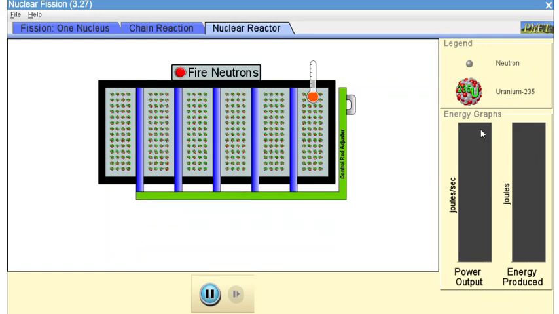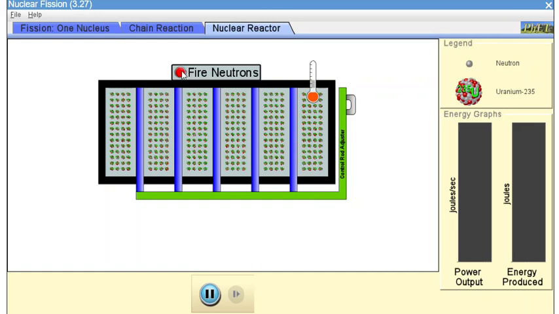We have here a measure of the power output and the energy that is produced: energy produced in joules, and power output in joules per second. When I have the graphite bars all the way into the reactor, we have basically six different isolated containers, right?